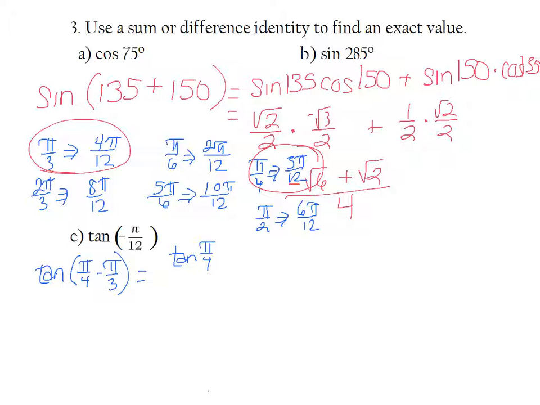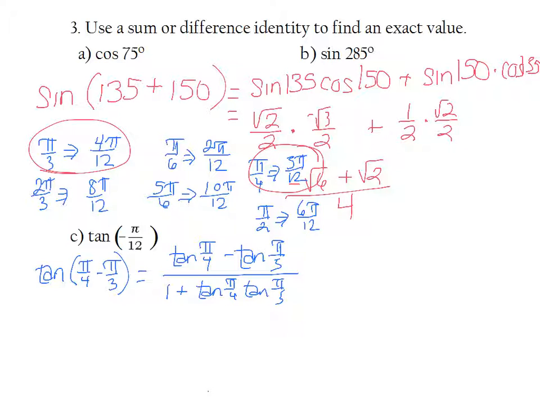And in the numerator, I use the same sign. It's going to be minus tangent of pi over 3, over, in the denominator, I'm going to have a 1, and then I use the opposite sign, which means I'll want a plus, and then tangent of pi over 4 times tangent pi over 3.